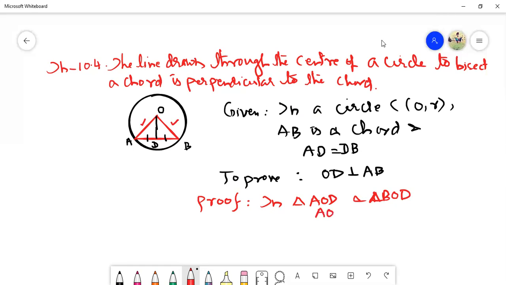So AO will be equal to OB. Why? Because these are the radii of the same circle. Then OD is equal to OD, common side.